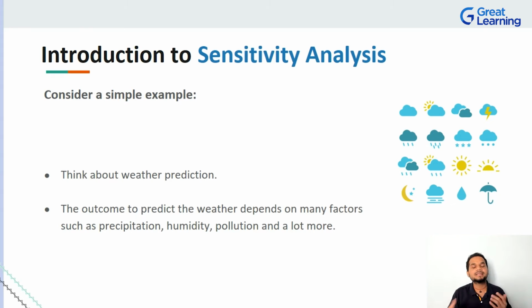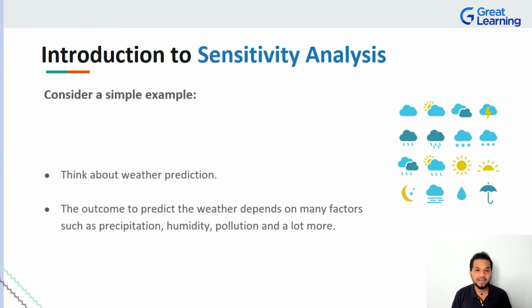So this situation that you're involved in uses a lot of sensitivity analysis, a ton of machine learning, and more. Now, an important thing you have to understand here is that when you're trying to assess what the weather is going to be like, you have to be very critical at the end of the day, because the weather depends on so many different things, right? There's precipitation, humidity.